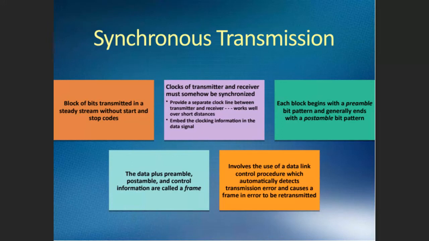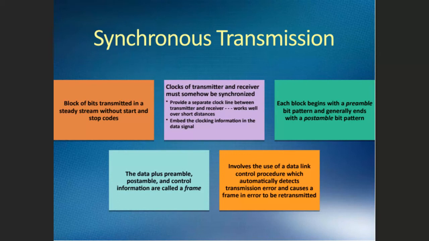Each block begins with a preamble bit pattern and generally ends with a postamble bit pattern. Instead of the start bit and end bit, we are using preamble and postamble bits. That's the name of the bit. Like we say, parity bit, this one is called preamble and postamble.